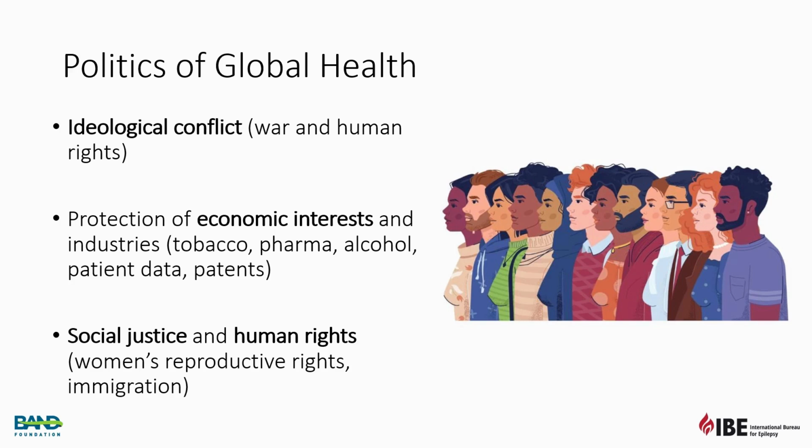There's also the barrier where people are protecting economic interests and industries, for example, tobacco, pharma, patient data, big data, and patents. Social justice and human rights, for instance, women's reproductive rights and immigration, have a strong impact on health negotiations at the global level, and these factors make it difficult for countries and member states to reach consensus.